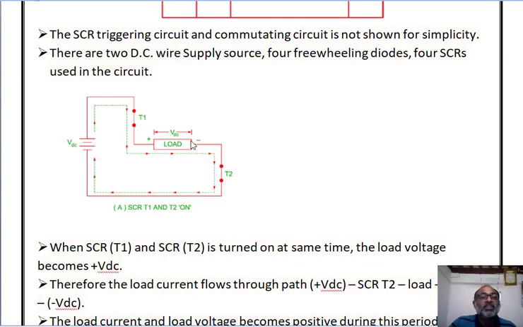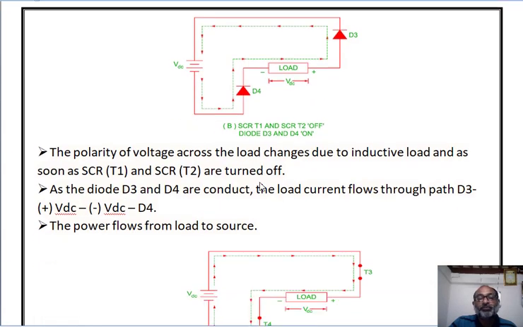Due to this, diodes D3 and D4 conduct, and the load current flows through the path from diode D3 to plus VDC to minus VDC, then D4. Here you can see the power flows from the load to the source. That means the load gives some power back to the supply source.